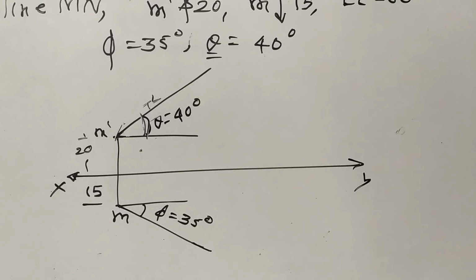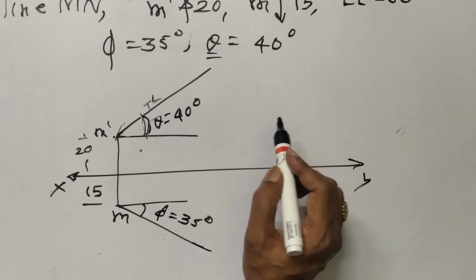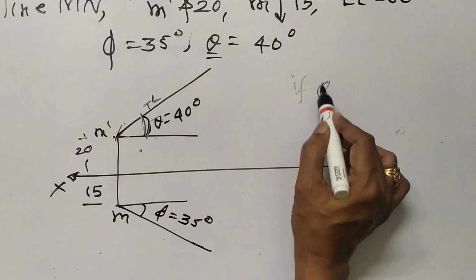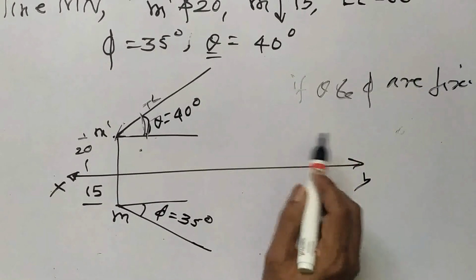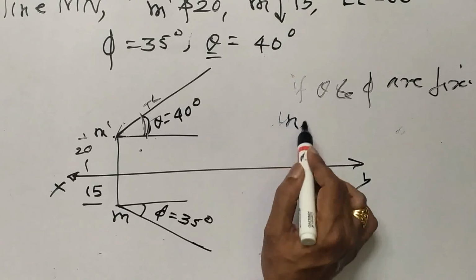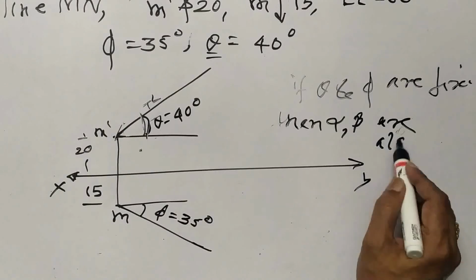There is a fundamental that if your two angles theta and phi are fixed, then the corresponding alpha and beta are also fixed, whatever the length may be.